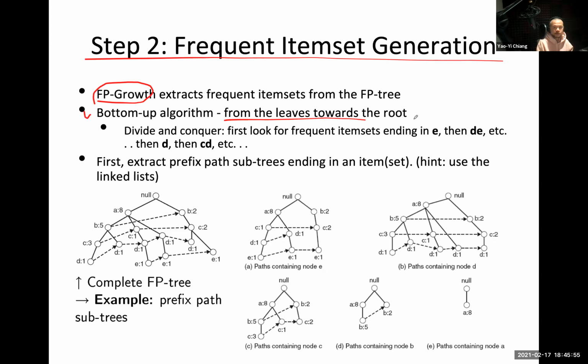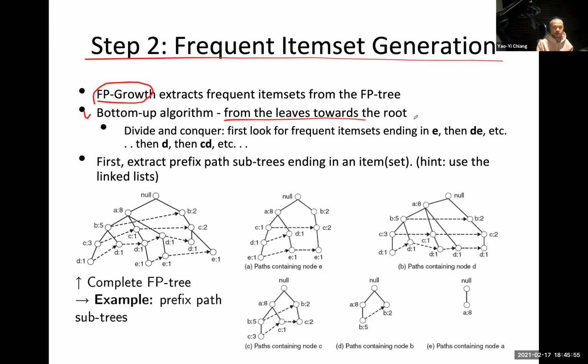And here you can see why we will need all these links, because they help you traverse the tree very easily. And this is the tree that contains D, and so on. Once we have the subtree, each prefix subtree is processed recursively to extract frequent item sets. Then you merge all the solutions. Then you call it a day. You say, I found all the frequent item sets. So it's very simple. You start from E, DE, CE, and so on.